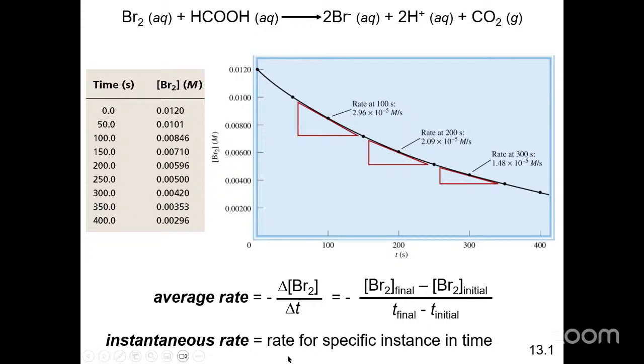The instantaneous rate is basically obtained by determining the gradient of the tangent that touches the line at that particular instance, all right? So that's the difference between the instantaneous rate and the average rate. Okay. So this is just emphasizing again, it's a slope that is being determined in each case.